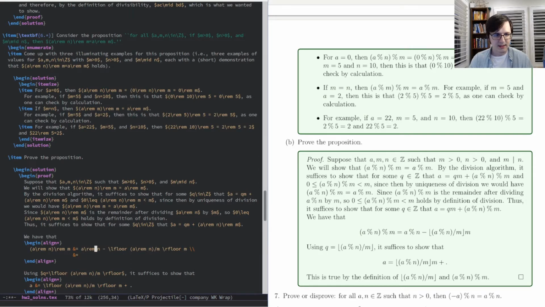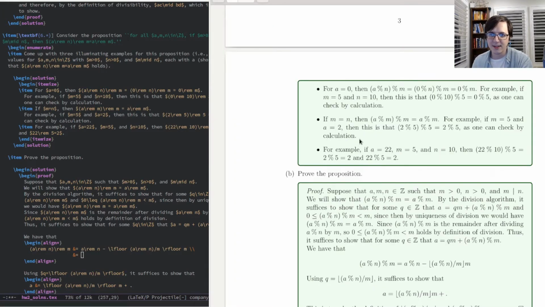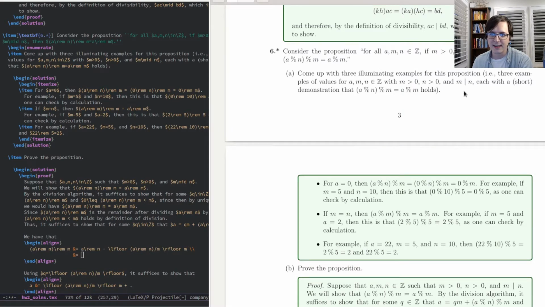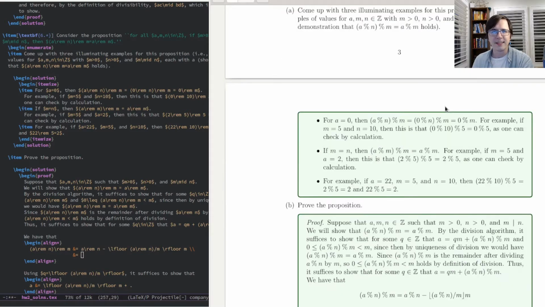Yeah, okay, so here's something that I should have been thinking about. Where did we use that m divides n? That is a hypothesis. And also, for illuminating examples, we really should have had one which shows that it's not true for m not dividing n. And that's pretty easy to cook up. Because non-examples are good.